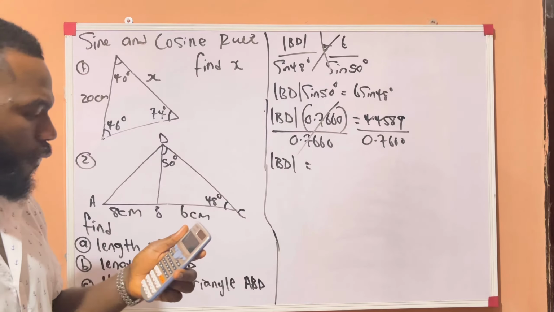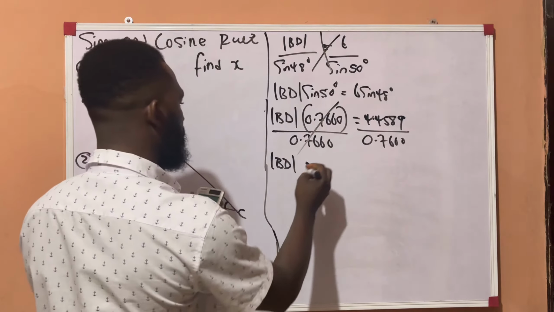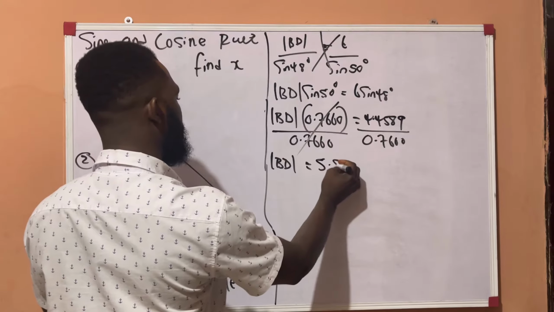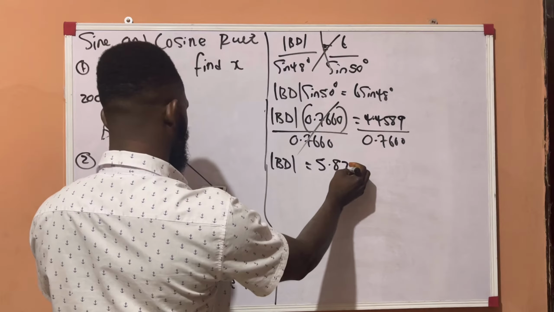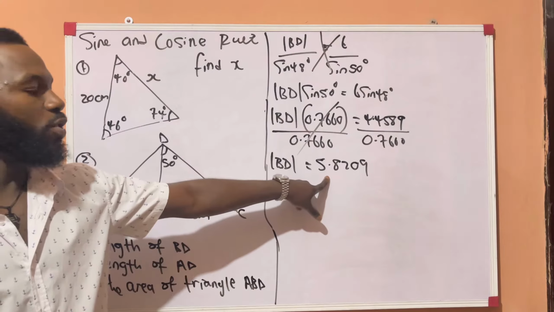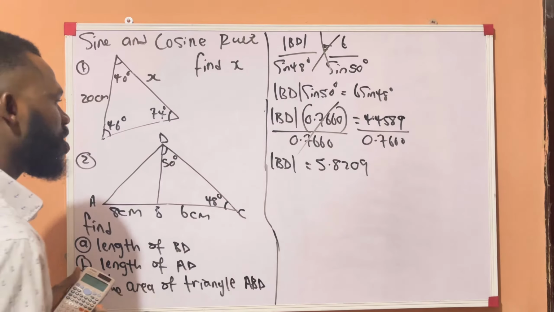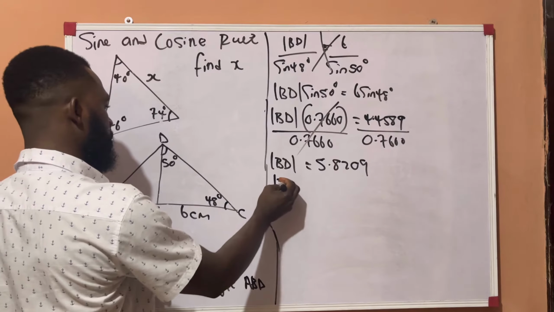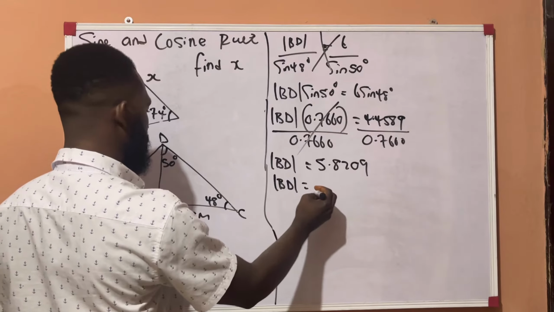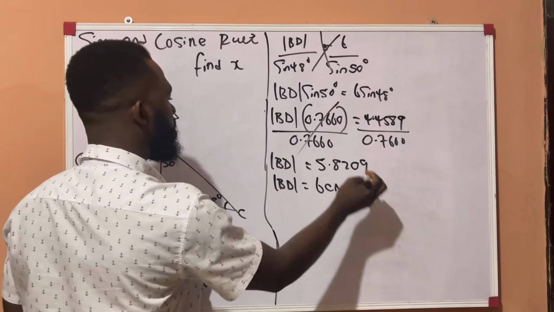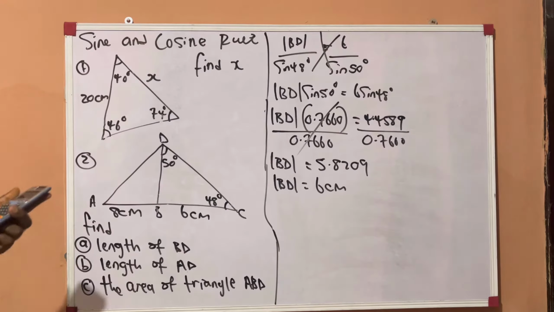And this gives us 5.8209. Now if we want to convert our answer to a whole number, approximating 8 up gives 6. So line BD also is 6 centimeters.